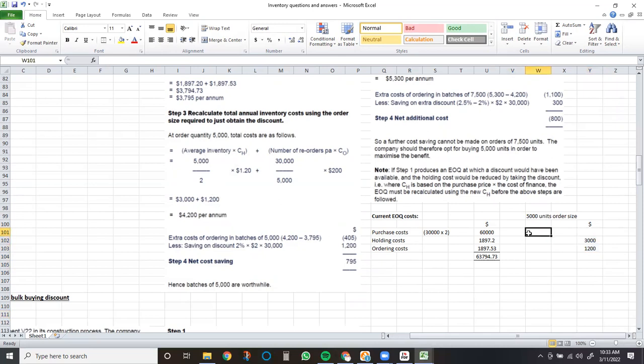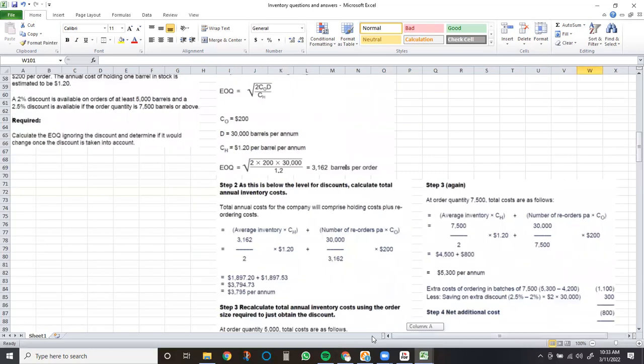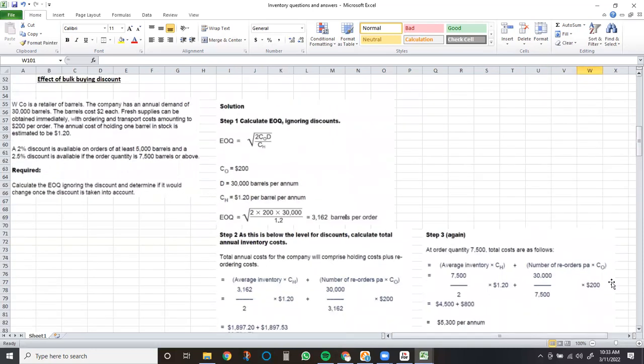Purchase cost was 60,000, 30,000 times 2, and the discount here, you may recall, was 2%.